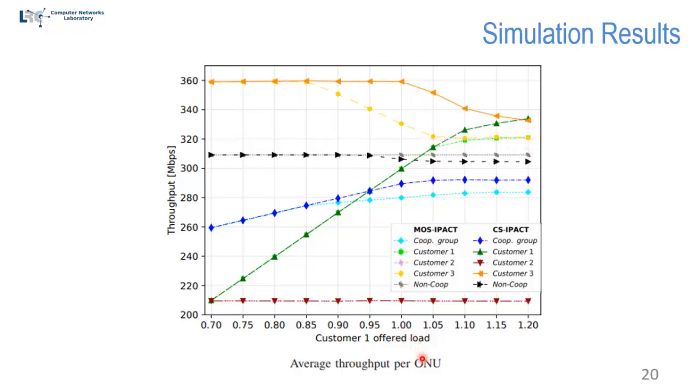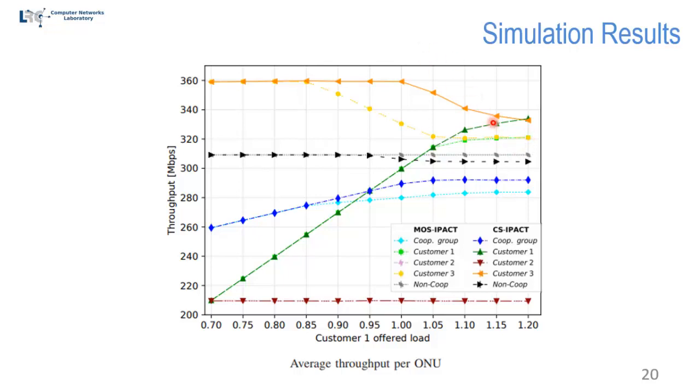These important improvements are a consequence of the cooperation among customers that our proposal provides. Moreover, the throughput of customer 3 decreases as the load of customer 1 increases when CS IPAC is used because our mechanism employs the fair access policy to distribute the excess bandwidth between overloaded customers.